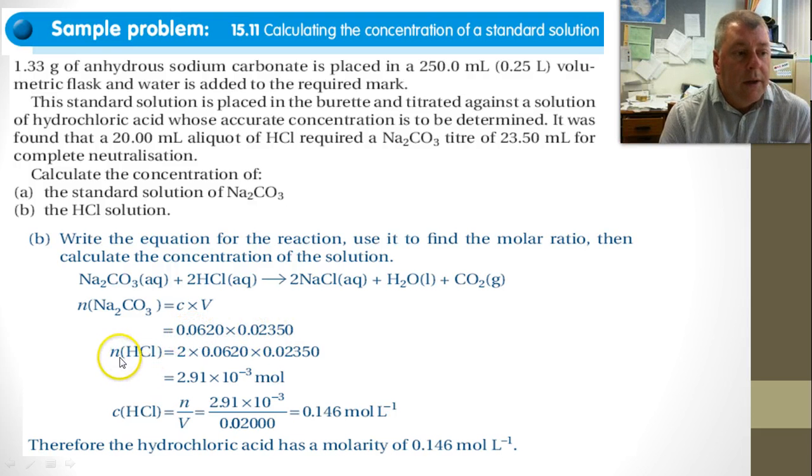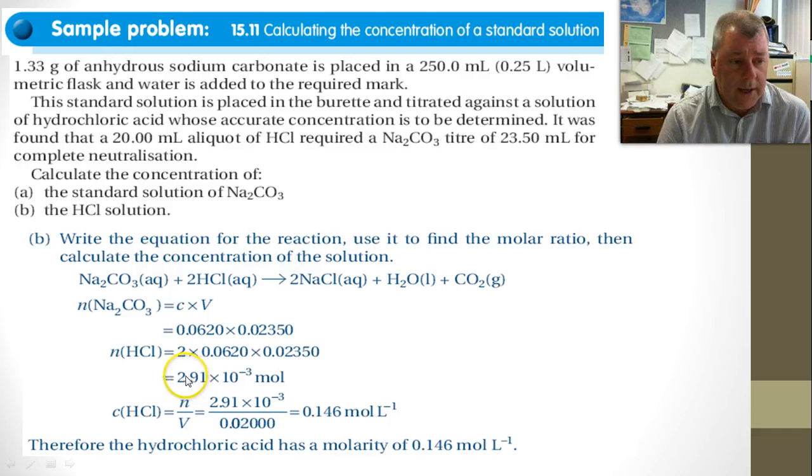Now, our moles of hydrochloric acid will be 2 times that. Where does that 2 come from? Well, the ratio is 1:2. They're not strictly following the stoichiometric steps here. We might actually go through those steps shortly.